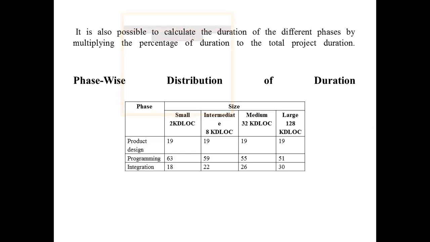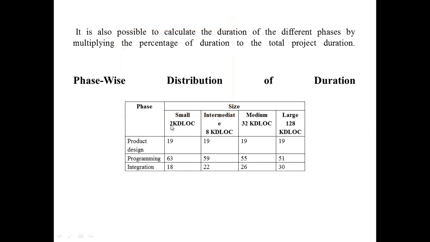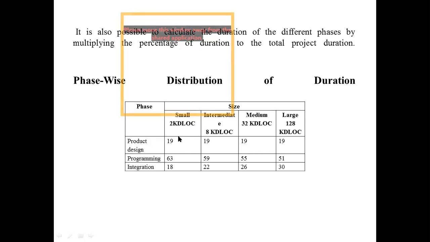Similarly, because we have already calculated the phase-wise distribution of effort, we are already aware of the size of the project, whether it is small, intermediate, medium or large. We calculate the value of KDLOC at the initial stage, and as per the size of the project you can choose the values of the phase wise distribution of duration from this column.